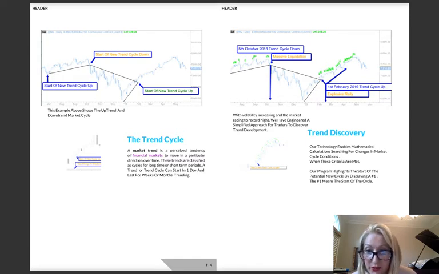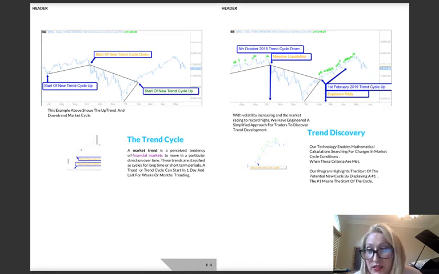So, trend discovery. Our technology enables mathematical calculations searching for changes in the market cycle conditions. When these criteria are met, our program highlights the start of a potential new cycle by displaying a number 1. The number 1 means the start of the cycle.